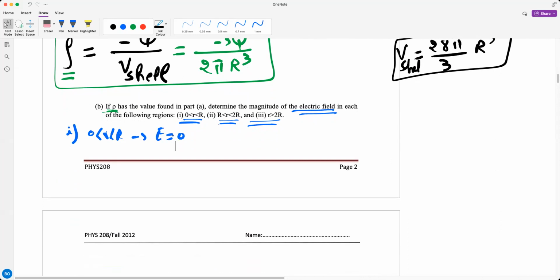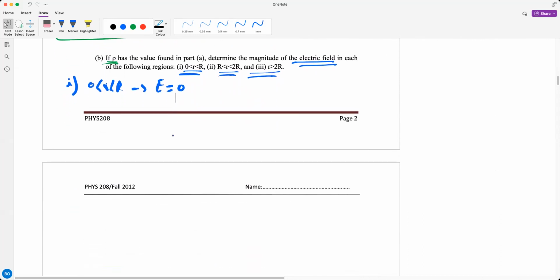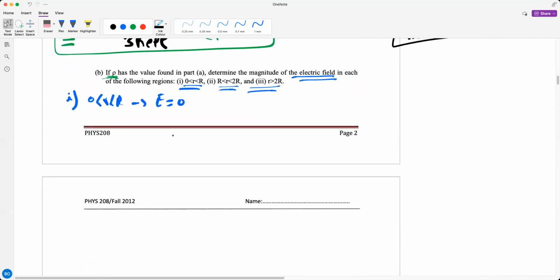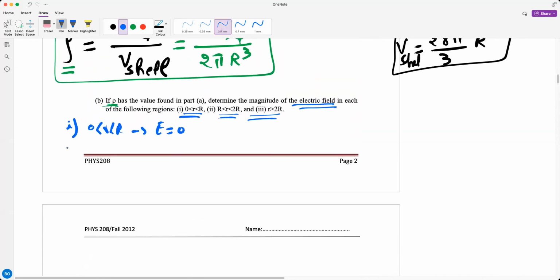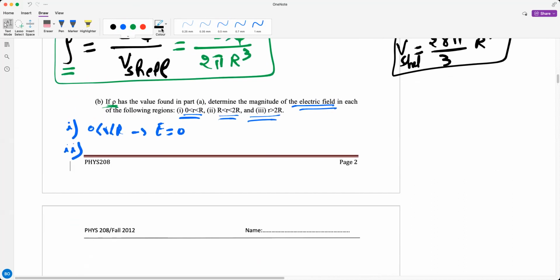Now, how are you going to calculate the electric field in region 2? What do we have to use? We have to use the Gauss law. Exactly, the Gauss law.